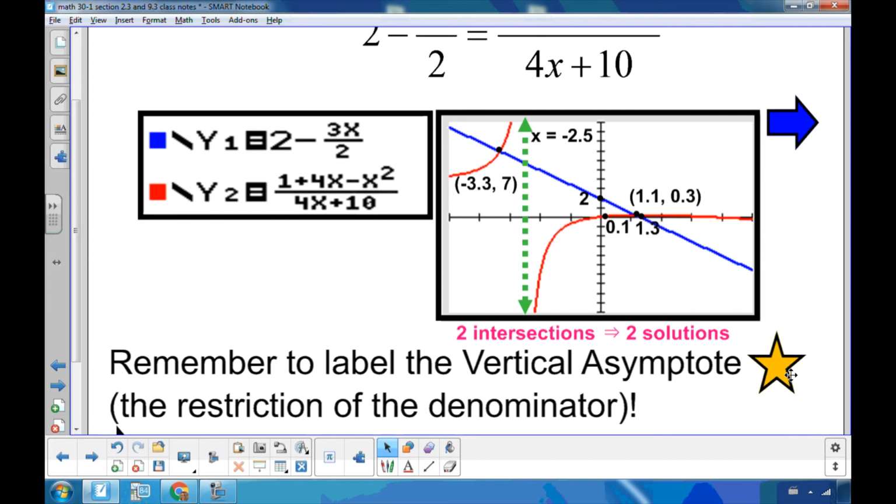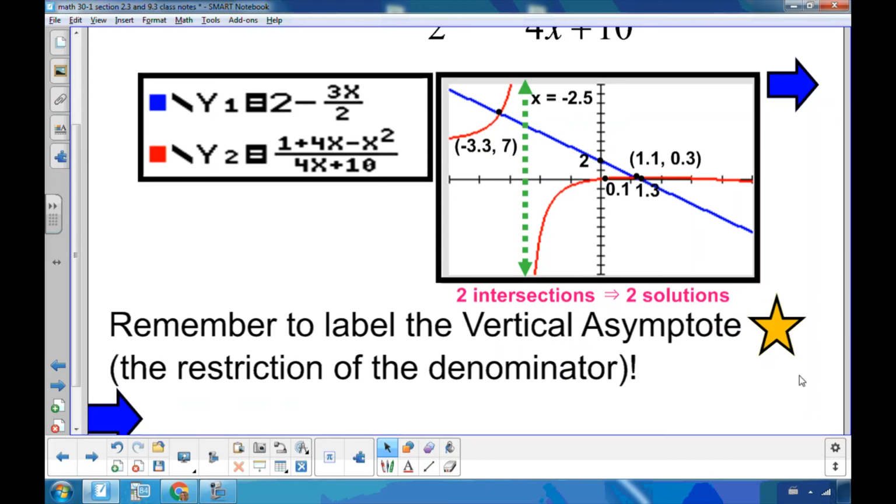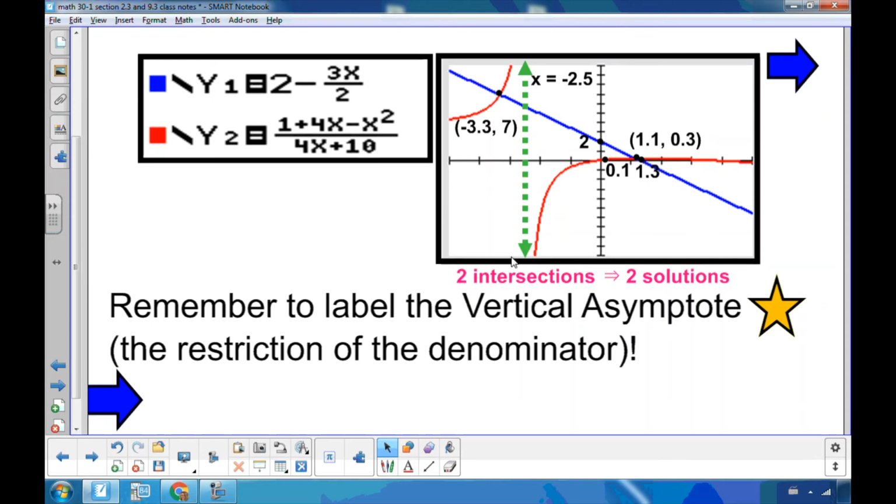Don't forget to label the vertical asymptote, which of course is the restriction of the denominator. 4x plus 10 can't be 0. That occurs when x is negative 2.5. So that's nicely labeled. Once you've done that, the solution is the x coordinates of the point or points of intersection. So I can say that x is equal to negative 3.3 or 1.1.